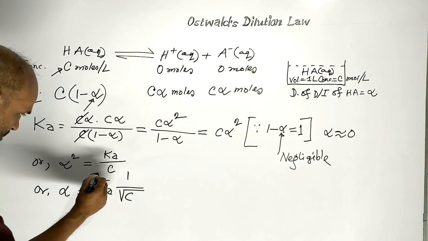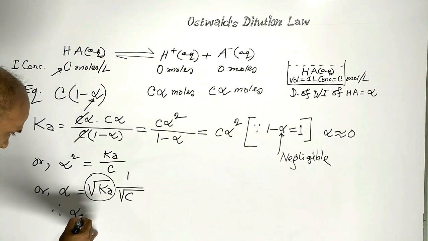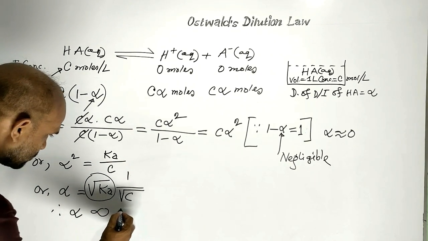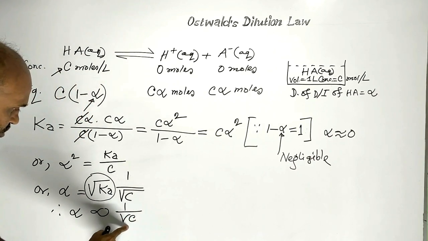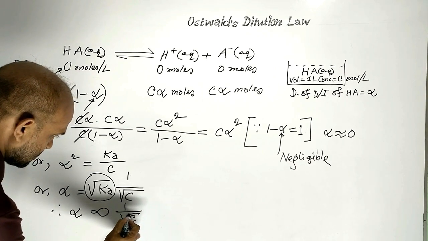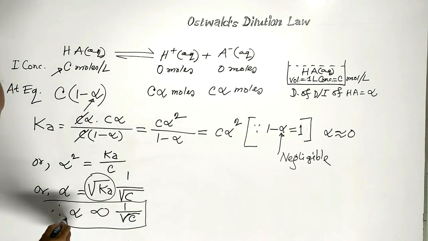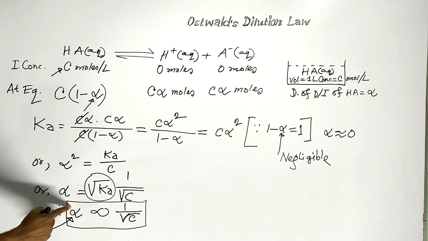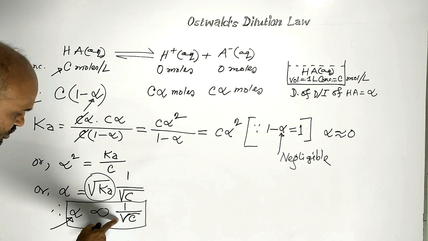Here Ka is constant, so alpha is proportional to 1 by root over of the concentration of the solution. This is Ostwald's equation, in which the degree of dissociation for a weak electrolyte is inversely proportional to the concentration of the solution.